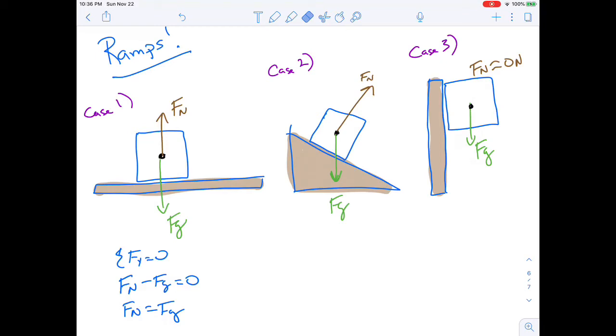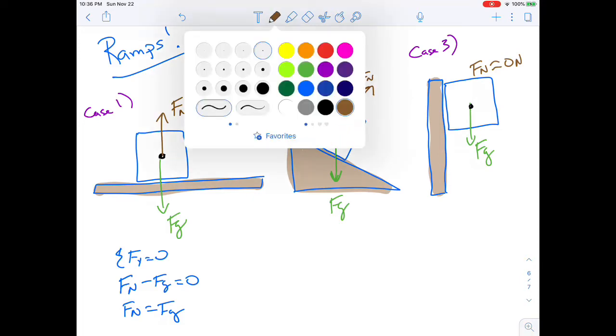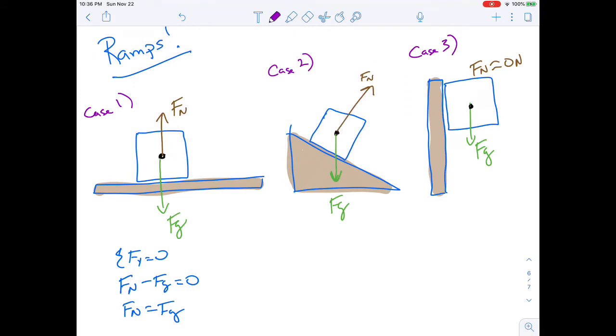And this creates a situation where the normal force is in a quadrant, right? If we typically think of the X and Y coordinate system as this way and this way for positive Y and positive X, well, that means the normal force is now in the first quadrant, the way I have it drawn.